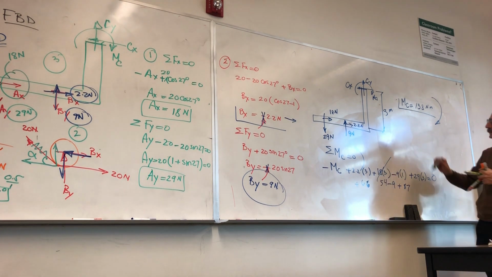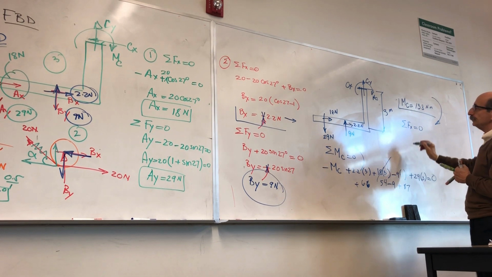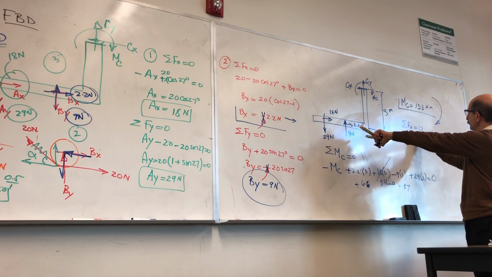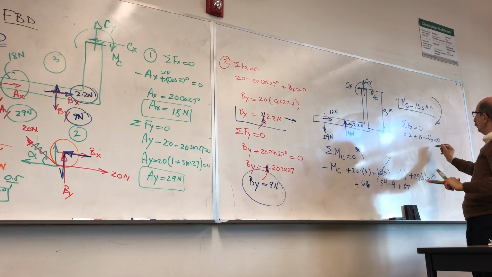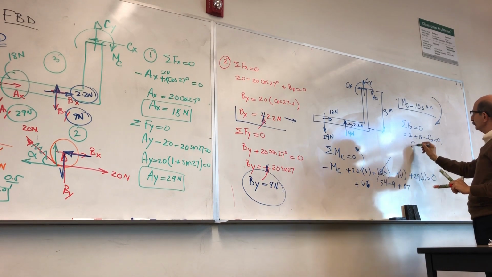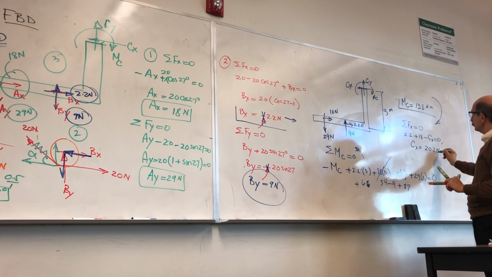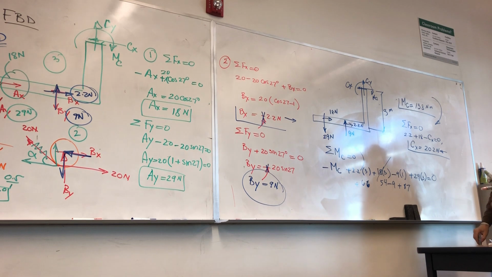So once you have that, now summation of forces along X equal to 0, so you have 2.12 plus 18 minus CX is equal to 0, so CX would be 20.2 Newton, and the assumed direction is correct.